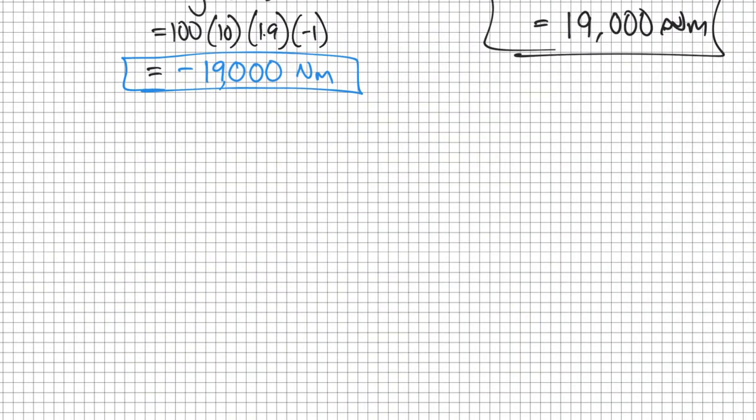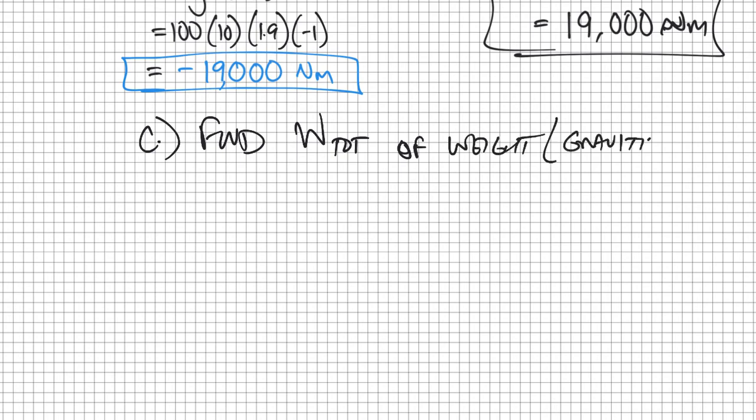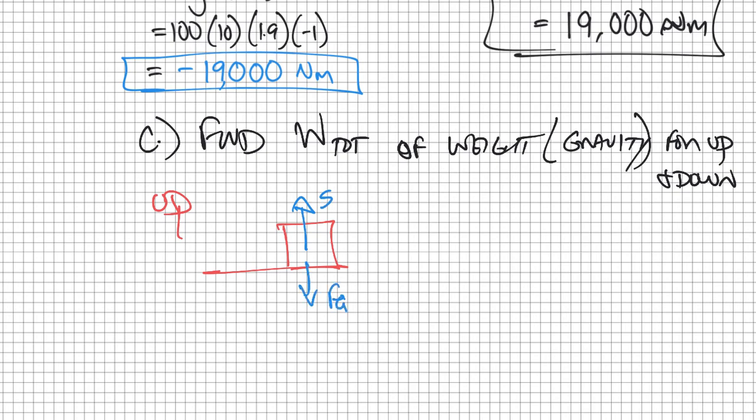So for C, we'll find the total work of the weight, or again, that's the idea of gravity, for up and down. So again, going up, we have our object, we have our displacement, we have our force, and we said that that was negative 19,000 Newton meters.